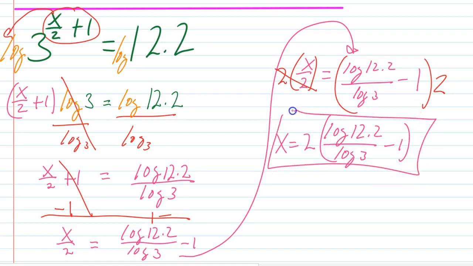But because it will get complicated, most books are okay with it right here. And this would be your exact answer, and this would be what you plug into your calculator. Take care of the logs first, then subtract 1, and then multiply by 2, which is going to give you an answer of x is approximately 2.55.